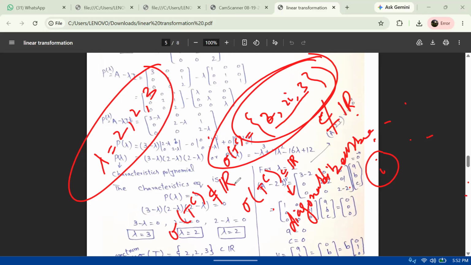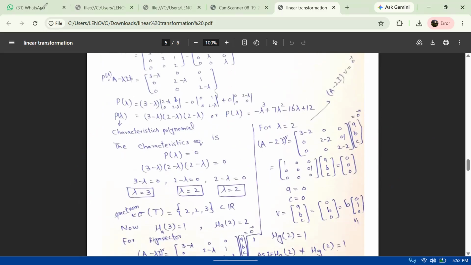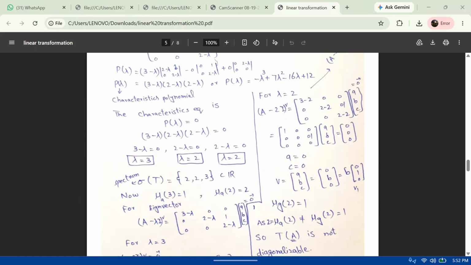So a matrix is diagonalizable if the spectrum is a subset of real numbers. It doesn't contain the iota value. So we put this lambda into this, and these are only real numbers without iota. So the spectrum is a subset of real numbers.